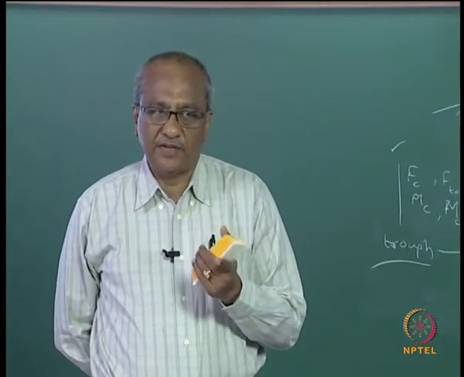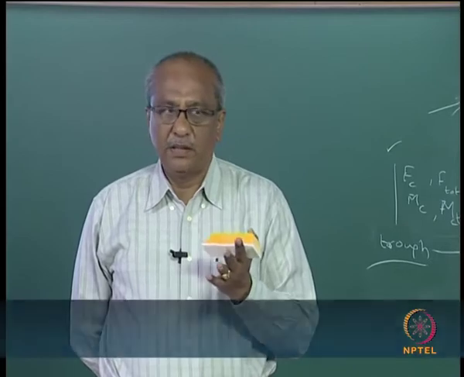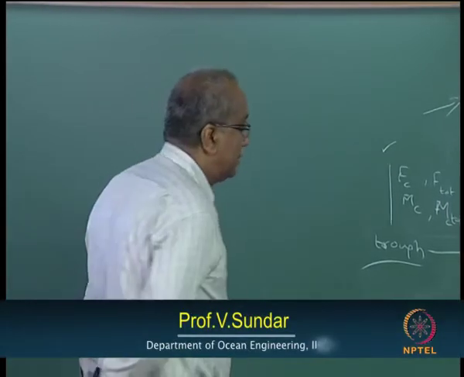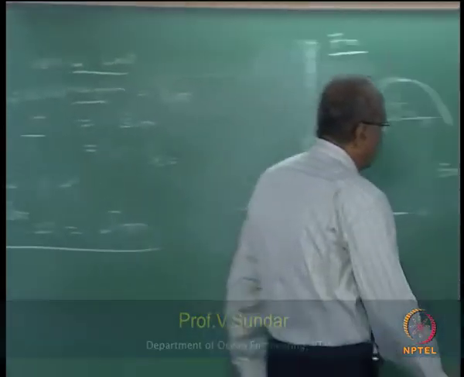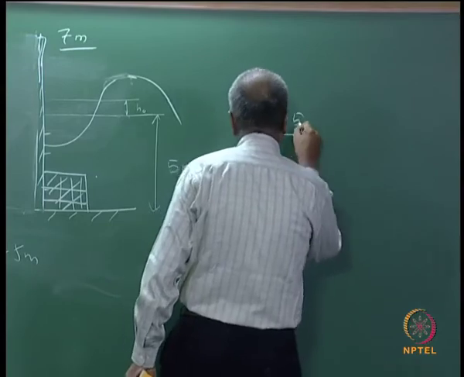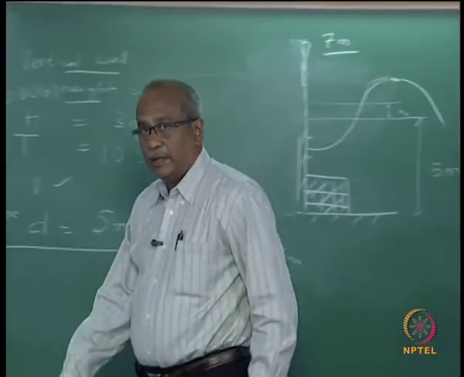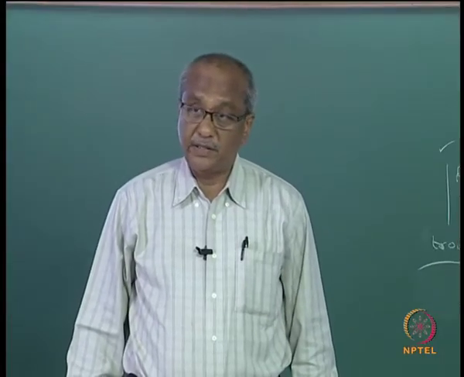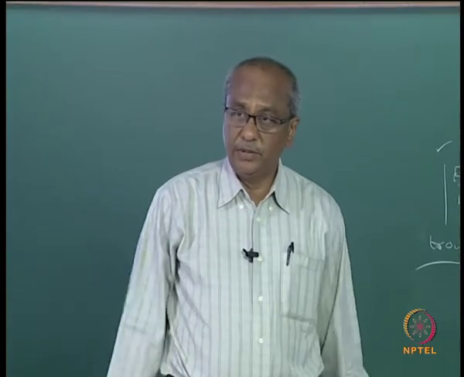Minimum height for scour could be around, what is the thumb rule for scour to take place? Thumb rule is twice the water depth. So the maximum scour can go even up to 10 meters. This is only a thumb rule.